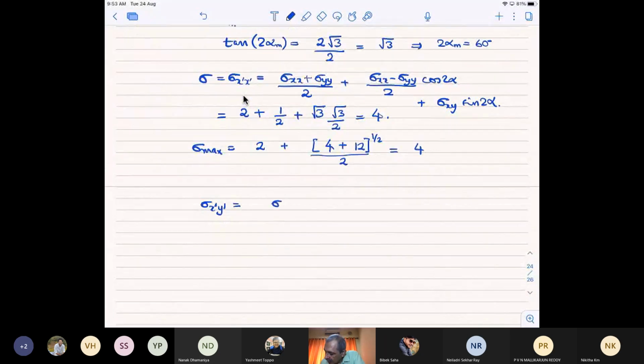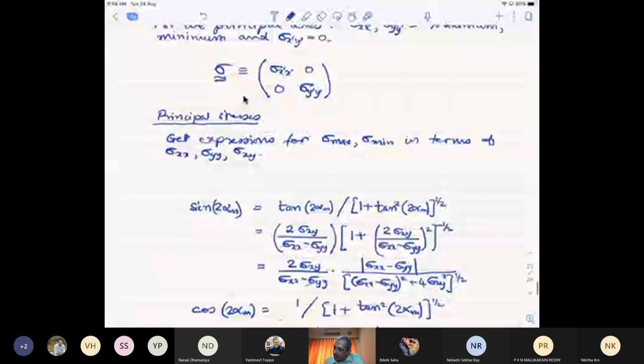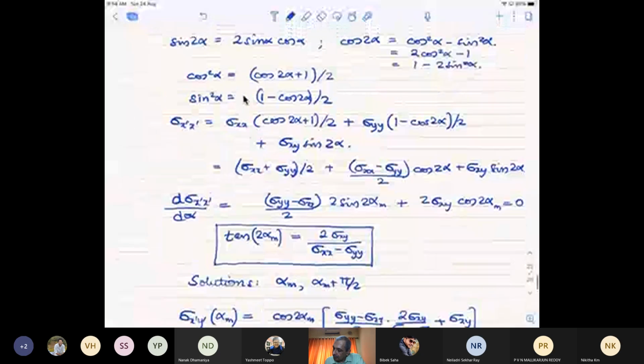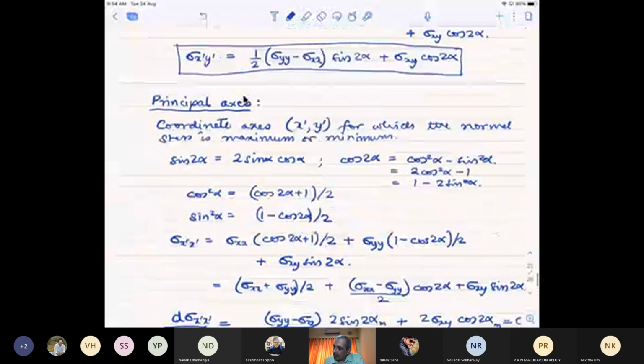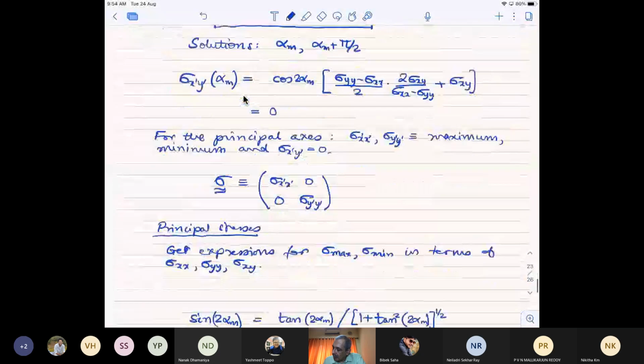So this is just sigma yy minus sigma xx divided by 2 into sine of 2 alpha, plus sigma xy into cos of 2 alpha. Correct? This is what the formula is. So I've written it down correctly.